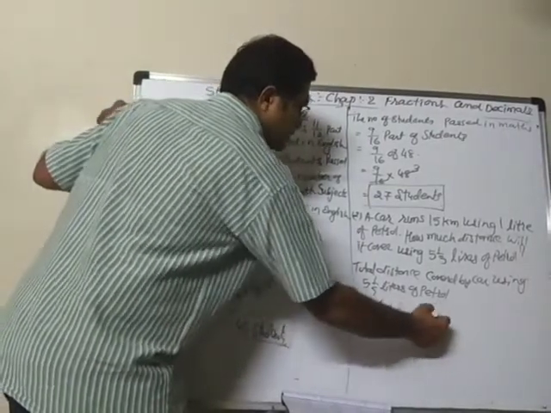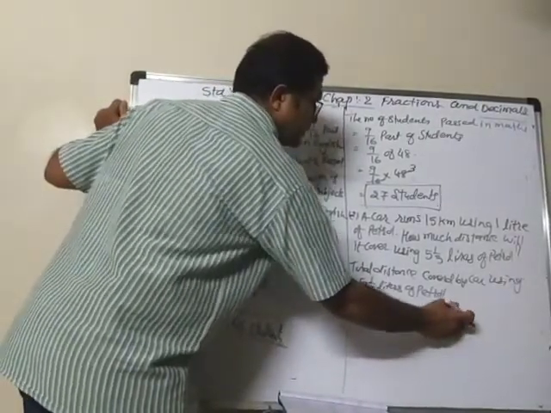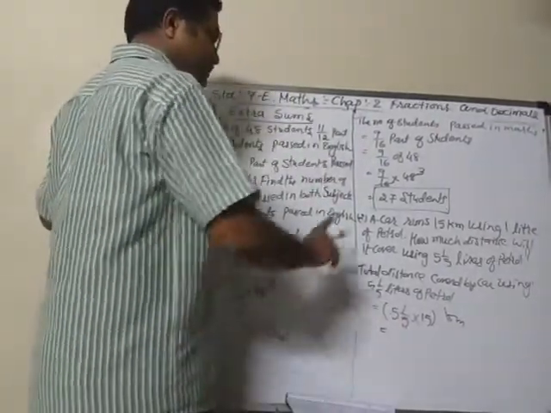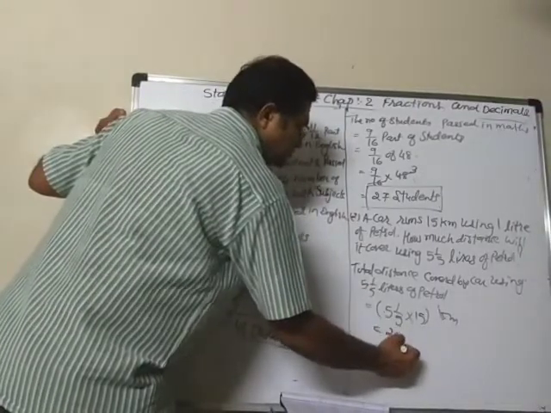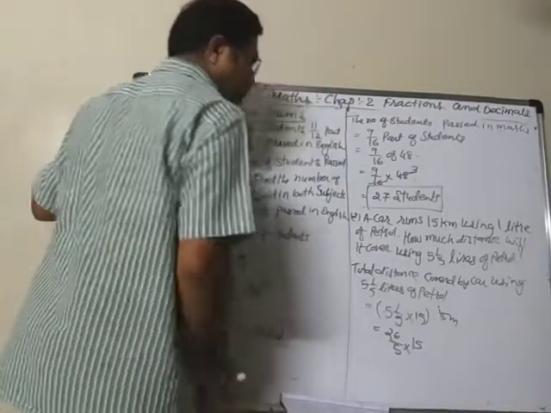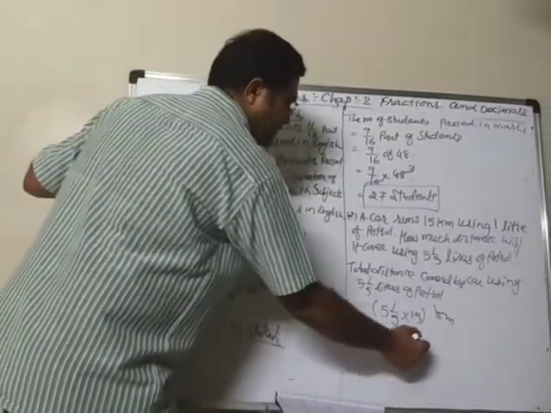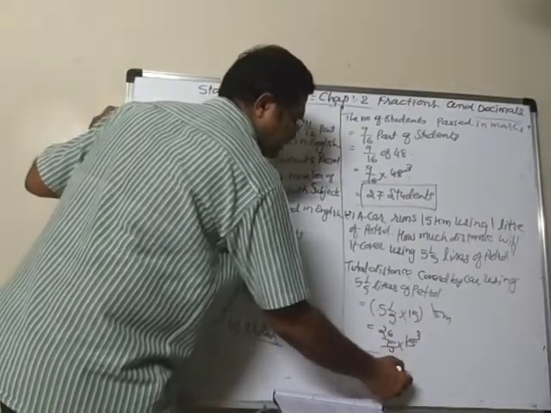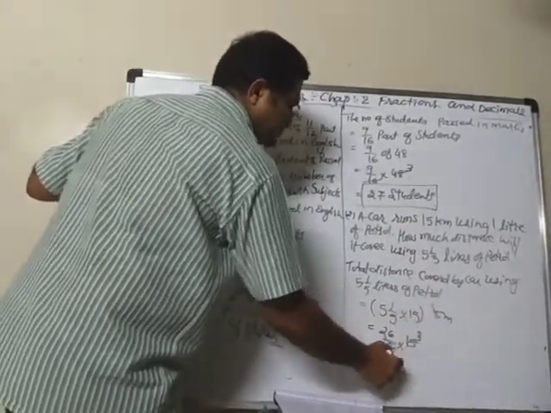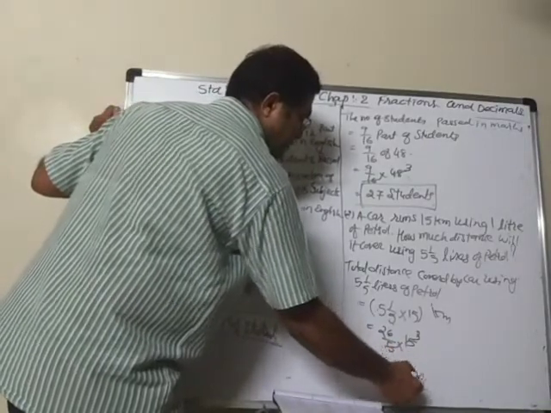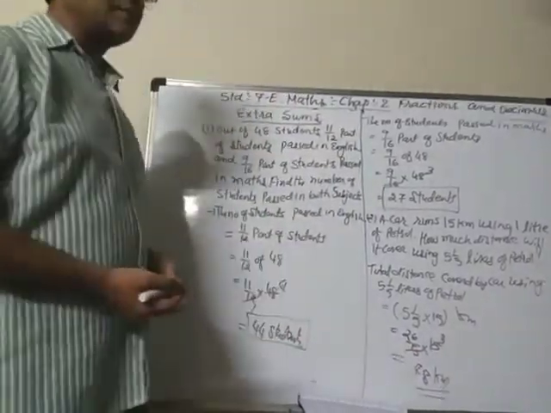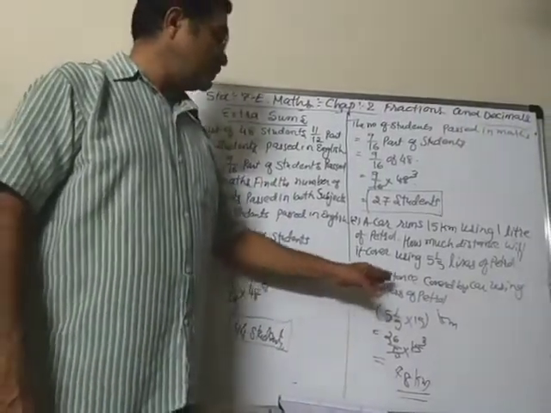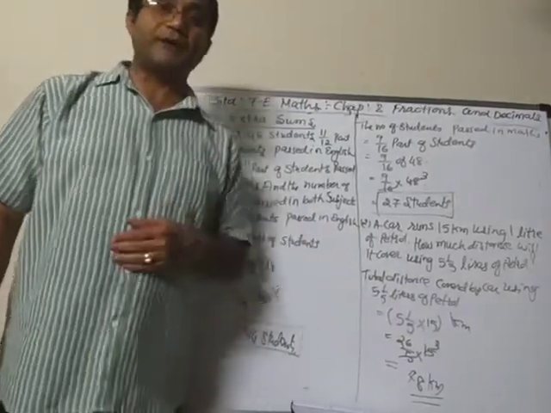So that many kilometers. So 5 5s are 25, 25 plus 1, 26 upon 5 into 15. Cancellation, 5 3s are 15. So 26 multiplied by 3, 6 3s are 18, 3 2s are 6 plus 1, 78 kilometers. So it can cover 78 kilometer distance in the 5 integer 1/5 liters of petrol.